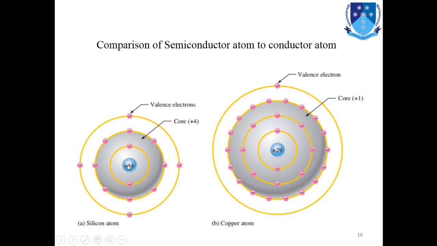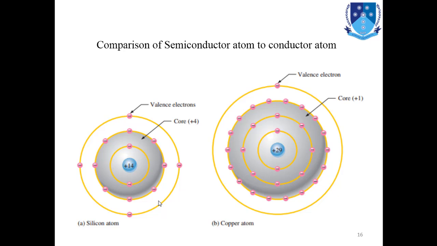So the nucleus has a plus 14 charge in silicon, while the core of the silicon atom has a plus 4 charge. In the first shell there are 2 electrons, while in the second shell there are 8 electrons. In the third shell of the silicon atom there are only 4 electrons.